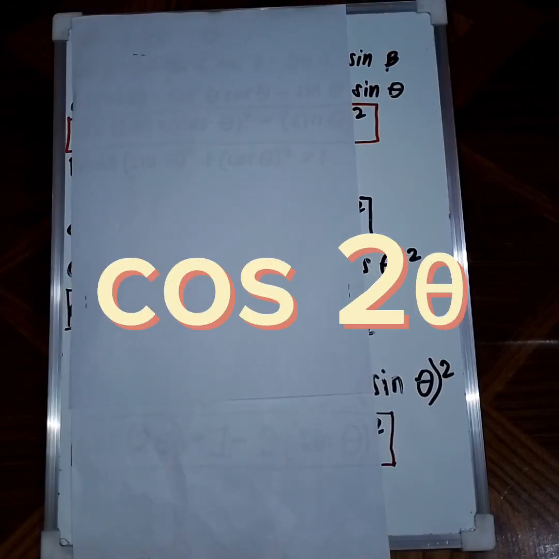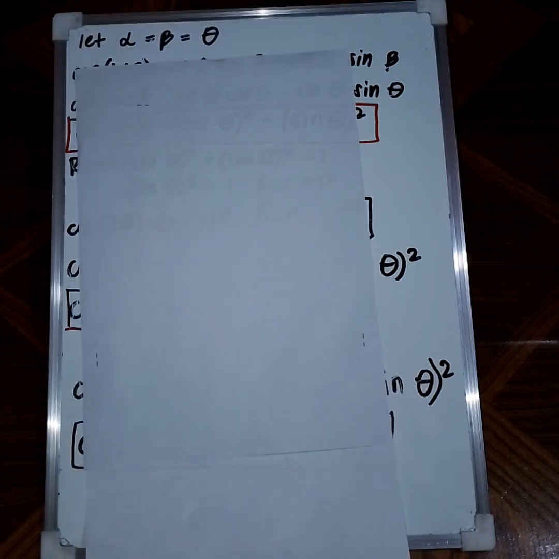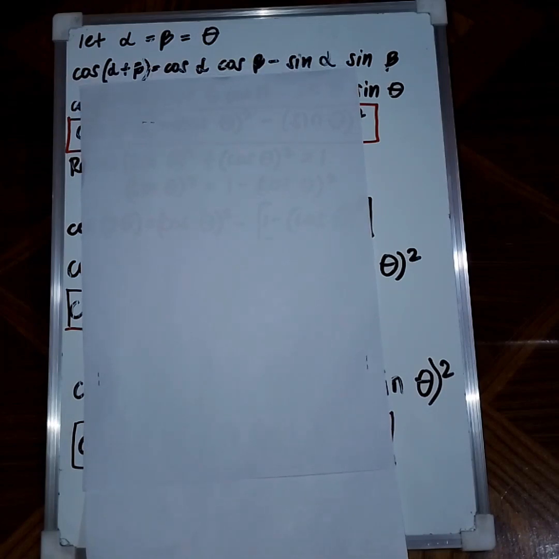Next, proceed naman tayo, guys, kay cosine 2 theta. So, paano natin gagawin yan? Ganun ulit. Si alpha and beta, gawin natin equal to each other, which is also equivalent to theta. Ang alam natin, cosine ni alpha plus beta equals lang kay cosine alpha cosine beta minus sin alpha sin beta. Lahat ng alpha and beta, palitan natin ng theta.